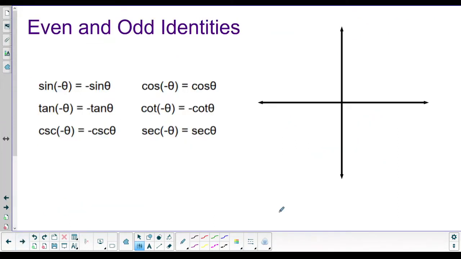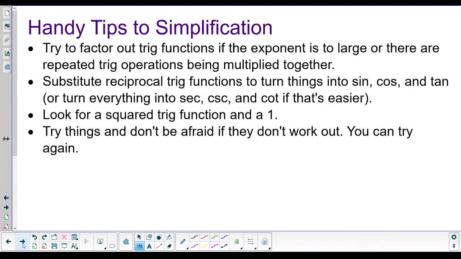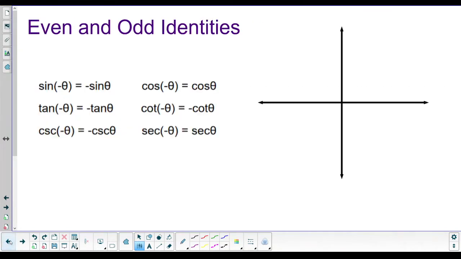All right. Let's talk about one more set of identities, and then we will talk about some tips and then do some examples. Okay. So I'm going to kind of justify these two, and then I'm going to hand wave the other four because they're just reciprocals and whatnot. So this says sine of negative theta equals negative sine of theta.